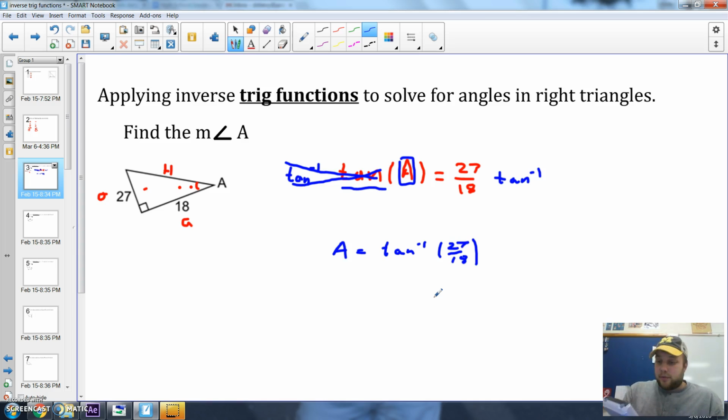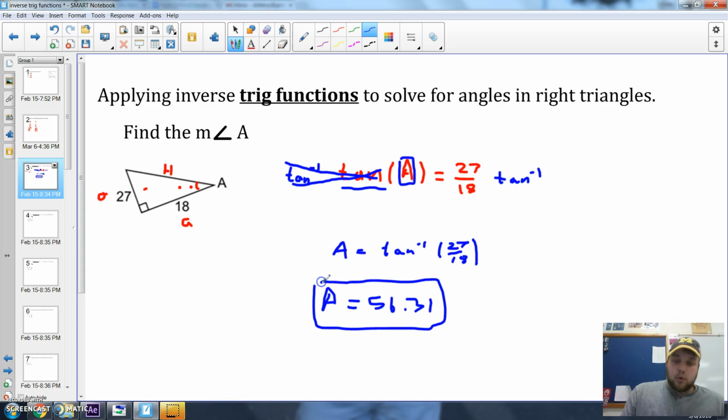We're doing live streaming here. All right, the tan inverse of 27 divided by 18 is 56.30. We'll go 31, we'll round it. So A equals 56.31. Listen to it, guys.